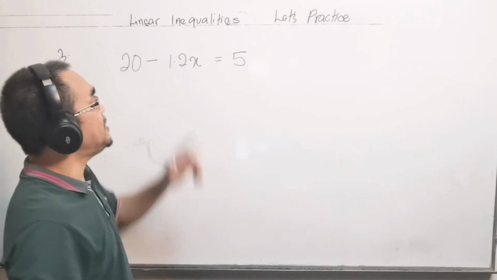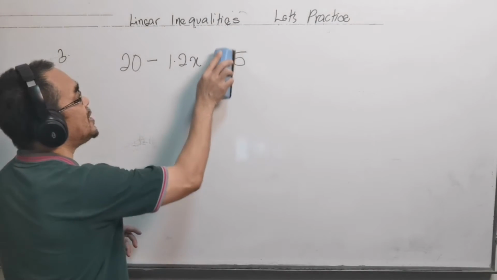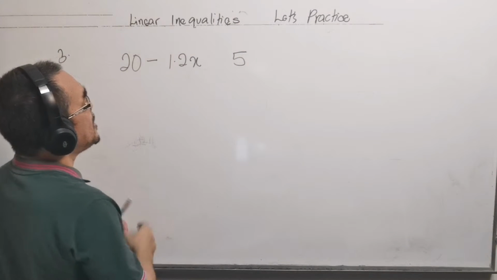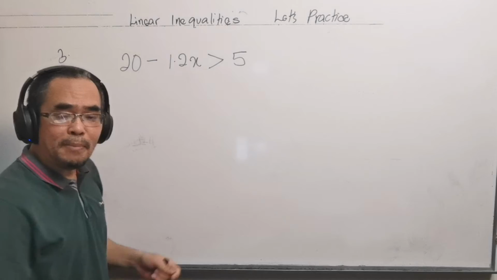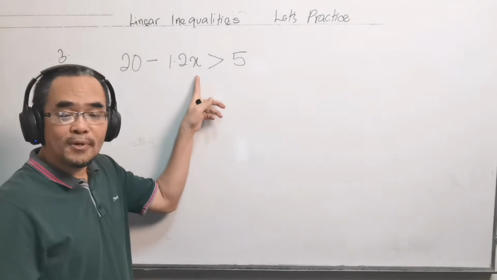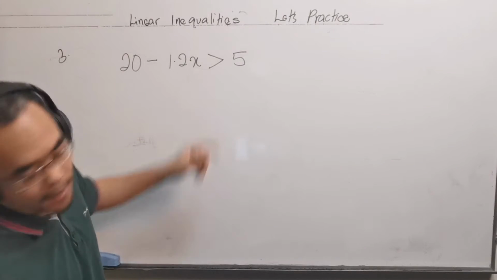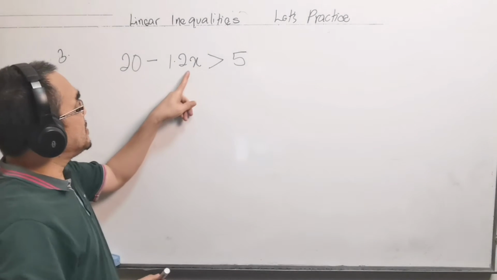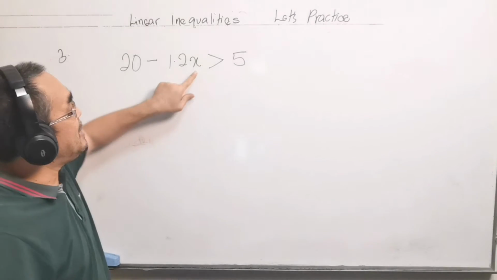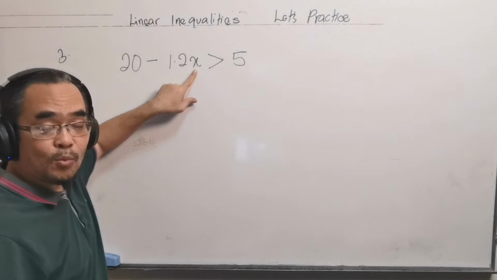But now what we have to do here is just change this to more than. Then we can limit the number of cards that he bought. Why do I say limit? Just imagine if x is 10, so 1.2 times 10 will be 12.